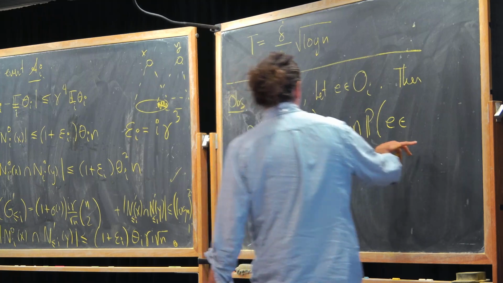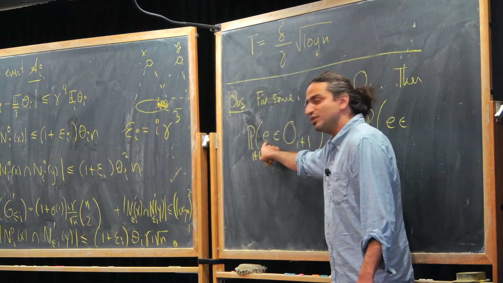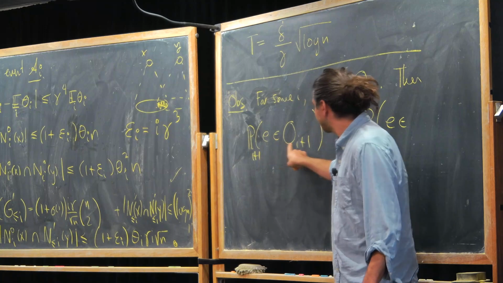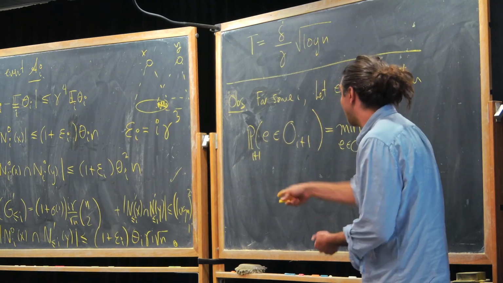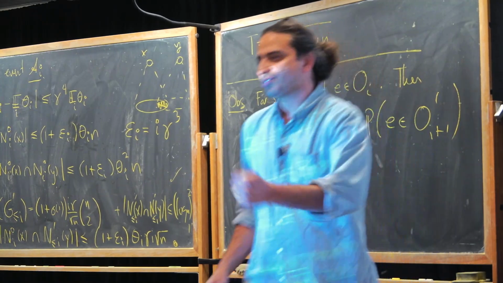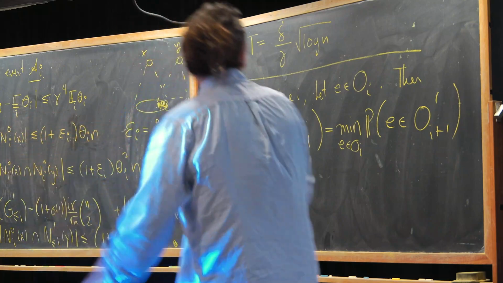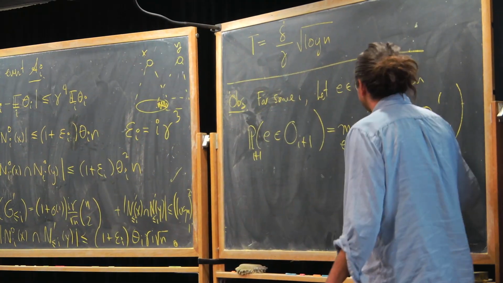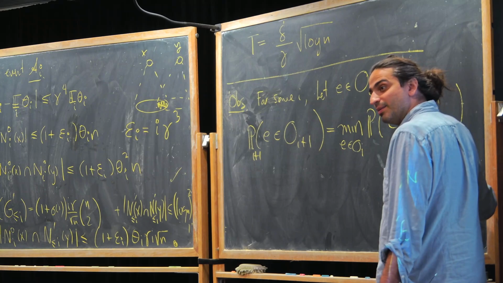OK, so I'm actually going to write something that will be useful for us in a second. Remember, I had the condition for surviving into O_{i+1} was the probability that you survived into O_{i+1} prime, and you also survived this independent coin flip, which possibly dropped your probability. So we actually chose the probability precisely so that this happens.